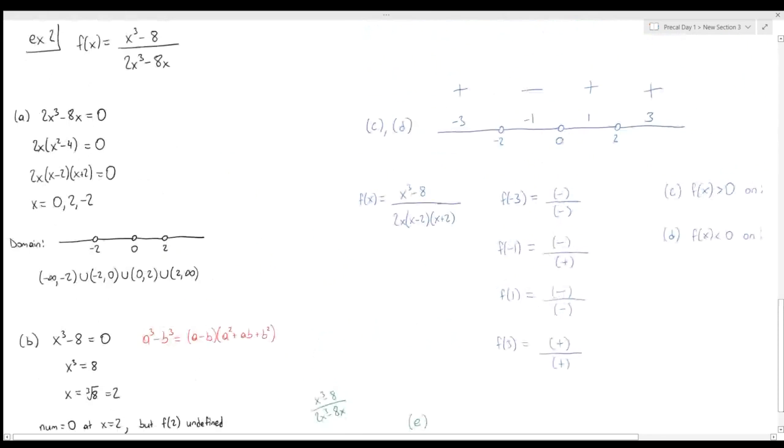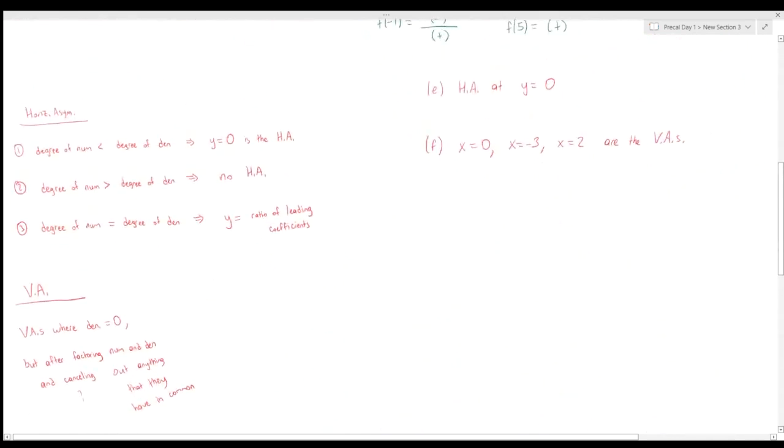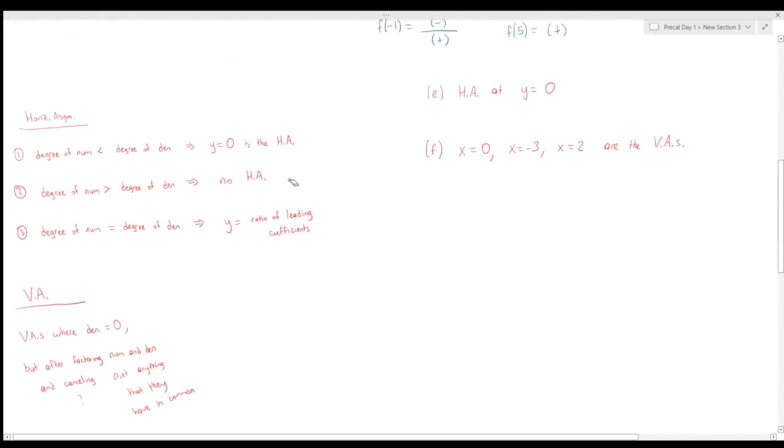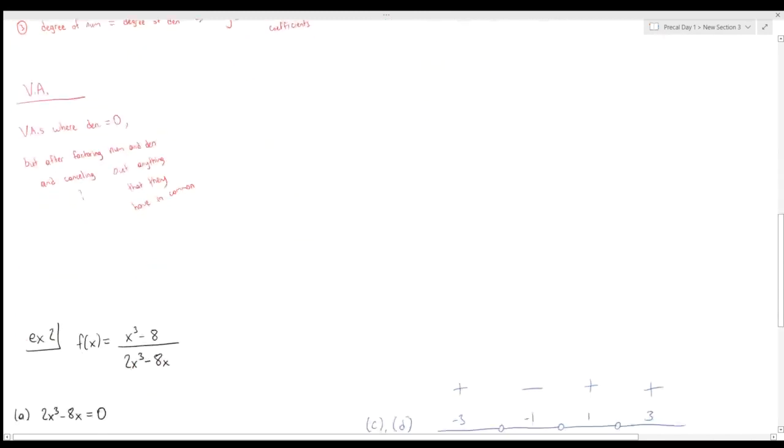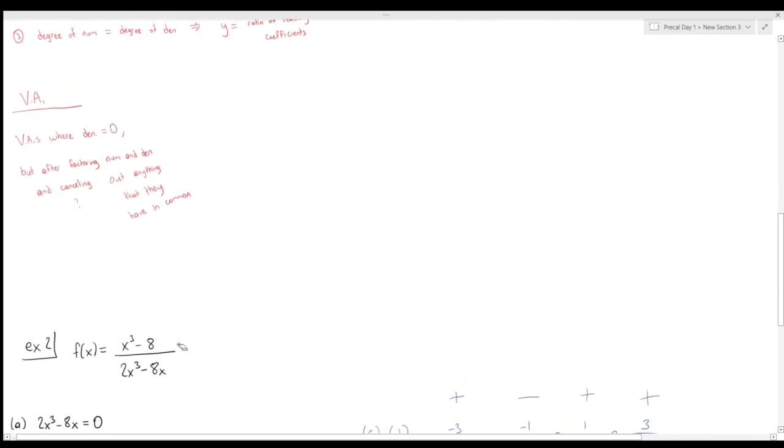So earlier I wrote out the rule for horizontal asymptotes, okay? And in my example, we have the situation where the degree of the numerator is equal to the degree of the denominator. So both numerator and denominator have degree 3, okay?